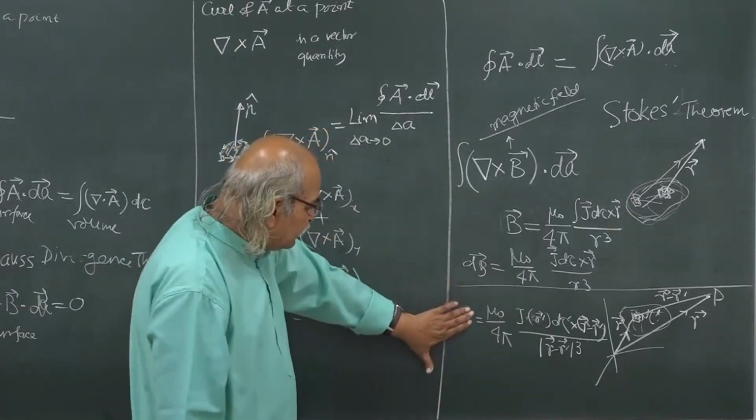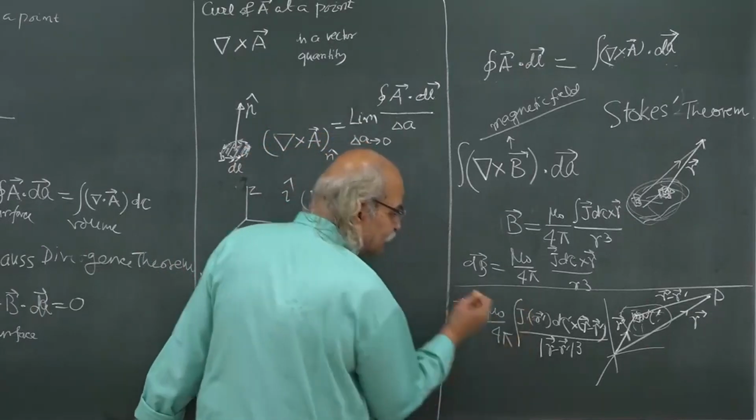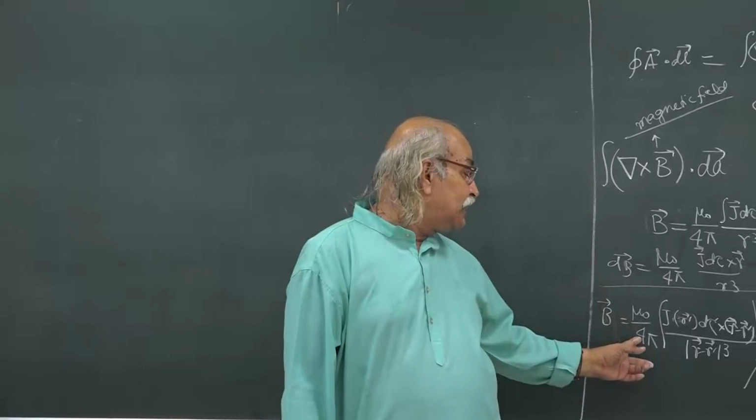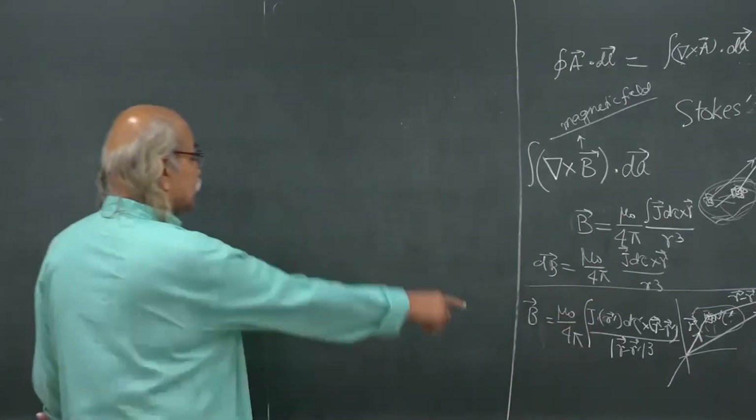And if you want B, you have to integrate this. So, if you want curl of B, what you will do? You will take the curl of this quantity.